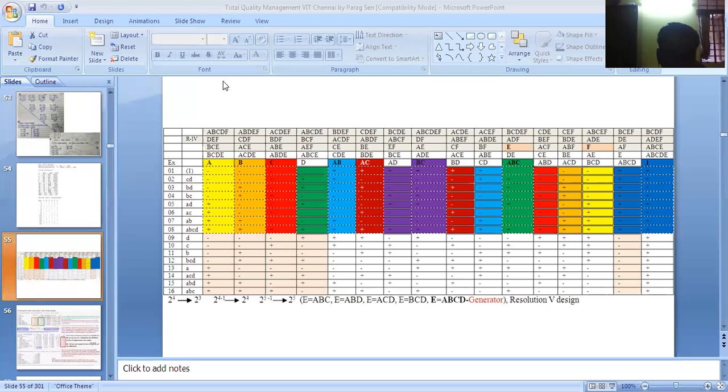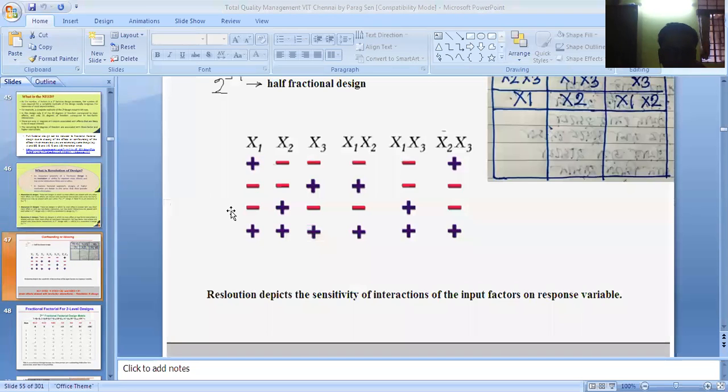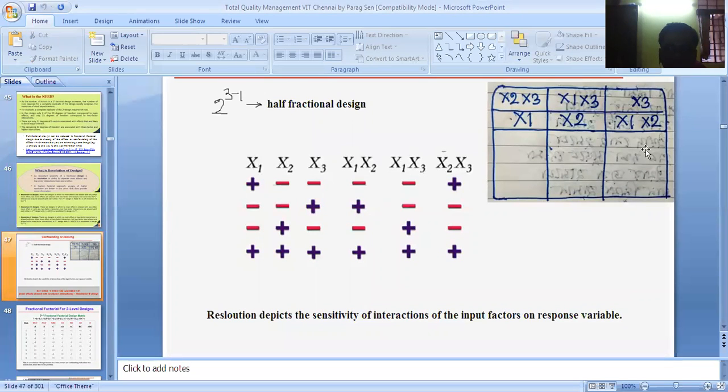So you cannot place D with AB. You have seen earlier that in this particular case, the main factor x3 is confounding with x1 and x2. But this is actually not desired.